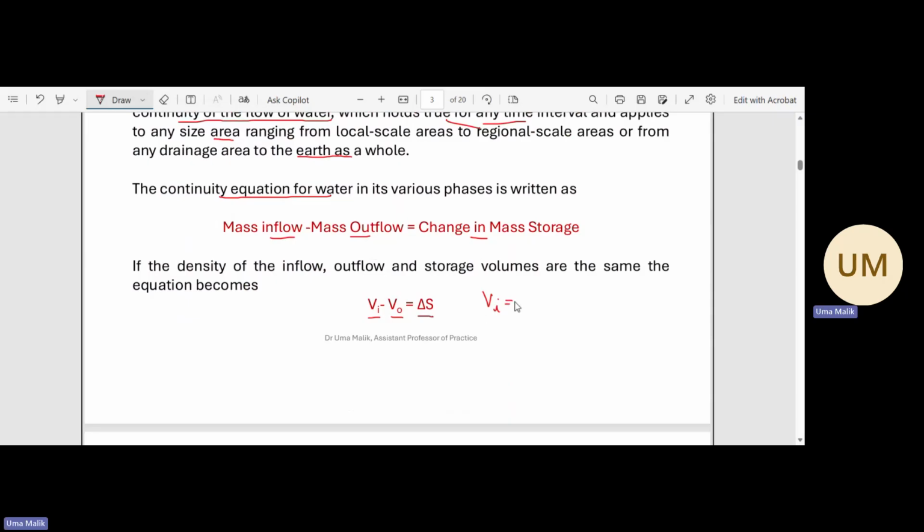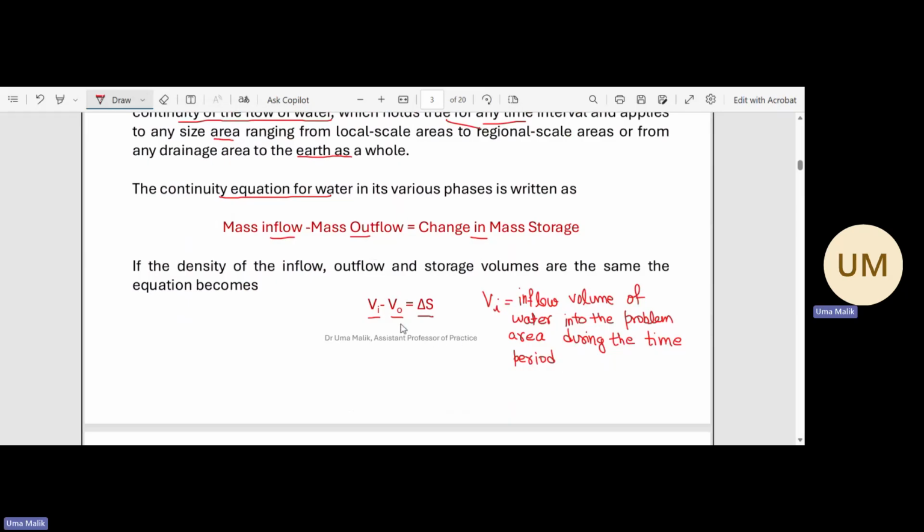VI will be the inflow volume of water into the problem area during the time period.